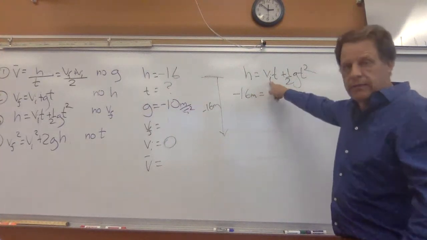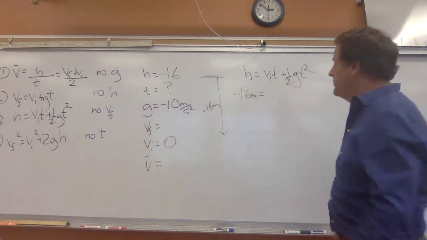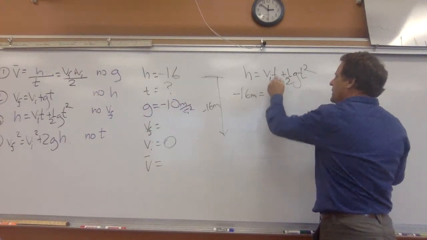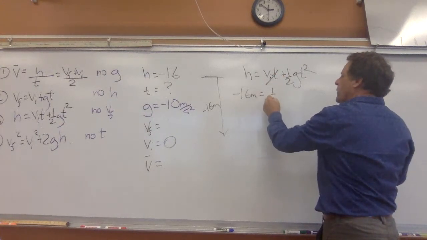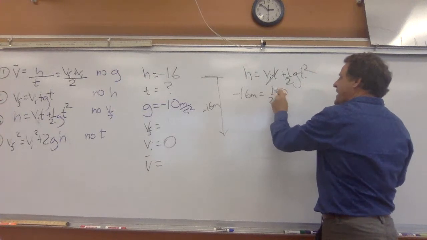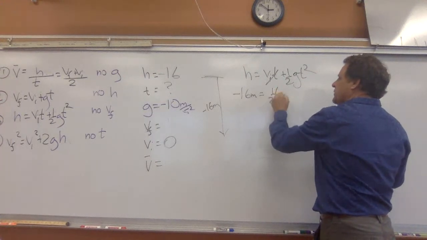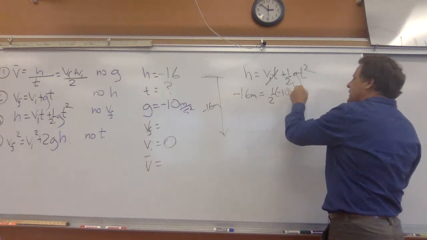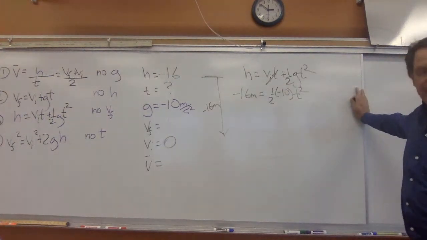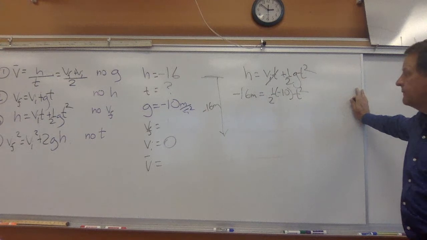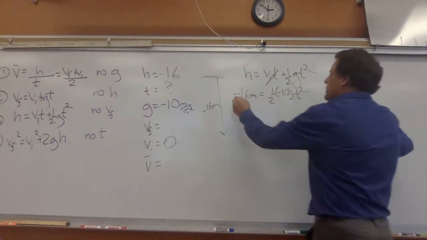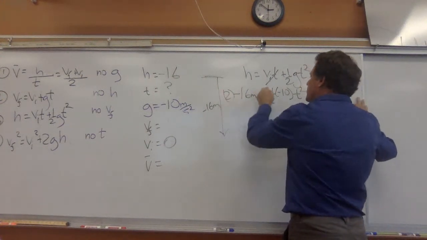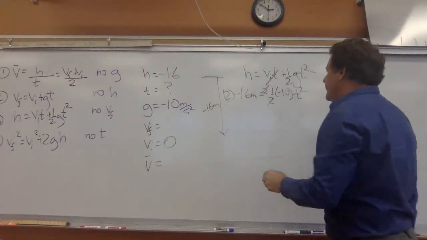Our initial velocity is 0 because we dropped it, so that's going to go away. And then we're going to have 1/2 of 10, and that's really 1/2 of negative 10, okay? And that is going to be t squared. So we're going to multiply both sides by 2, and that's going to get rid of the half.